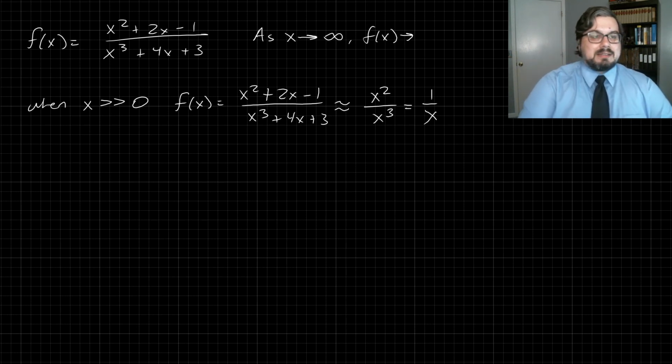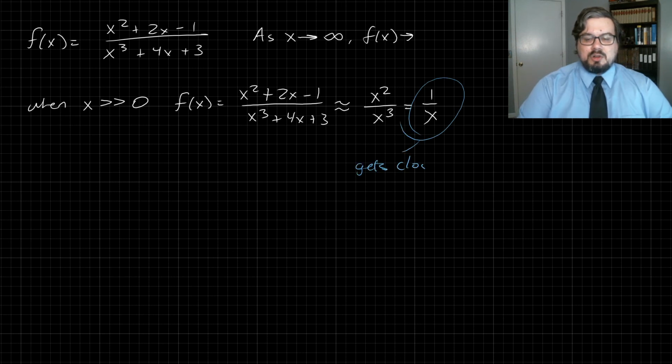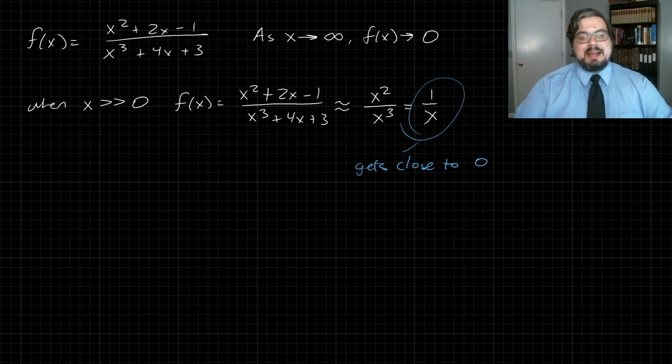So in fact, this gets very close to 0 when x is very, very large. So we can say that as x goes to infinity, f of x goes to 0. And a similar result applies if x is going towards negative infinity: f of x is going to go to 0.